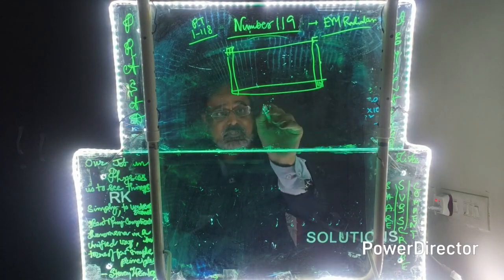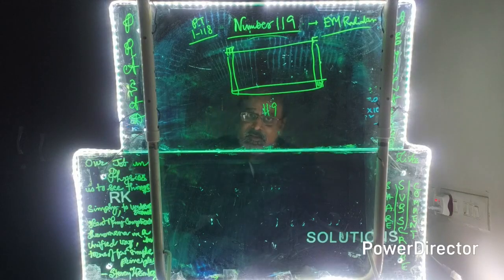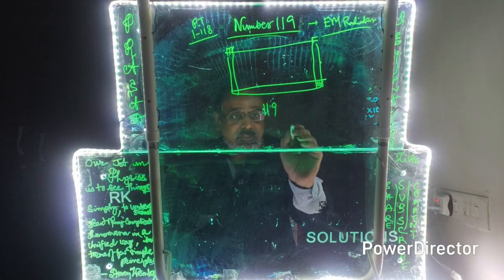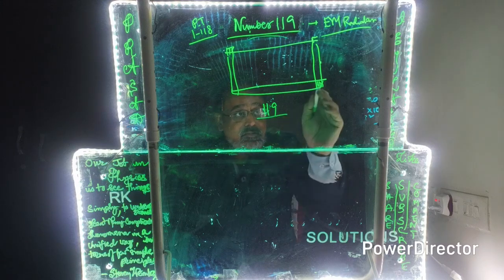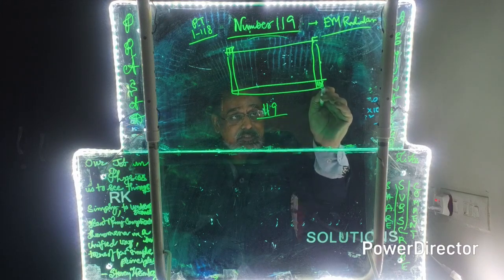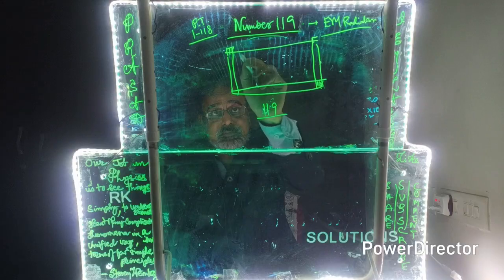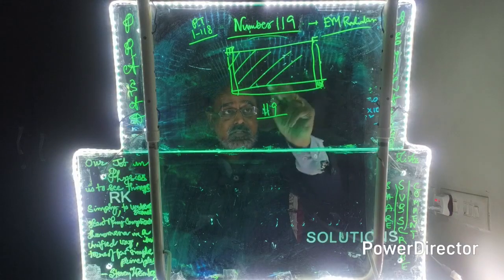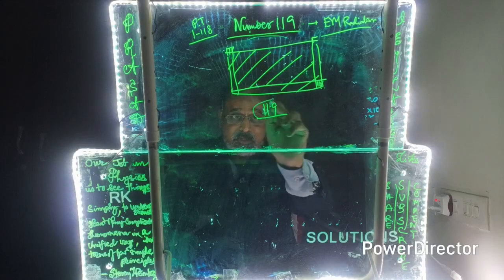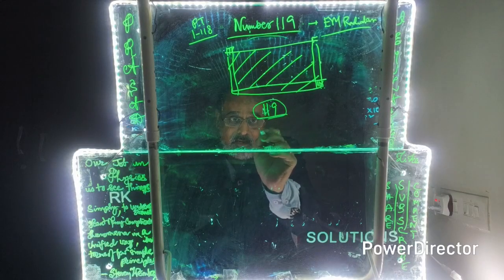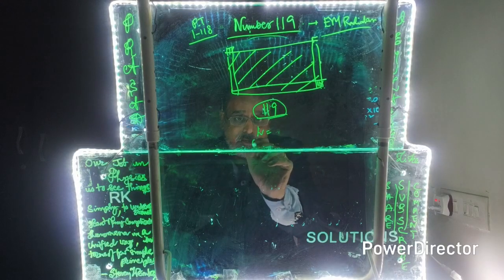Now our hero comes, 119. And as I told you, 119 supplies energy to all these elements as per their need. 119 supplies energy. How? In the form of quantum.